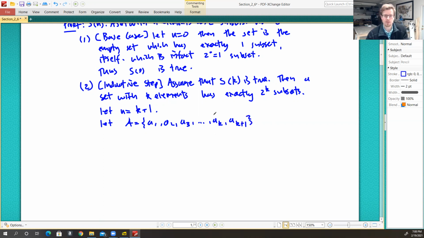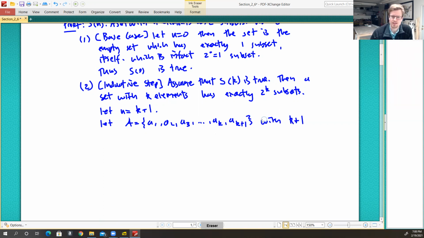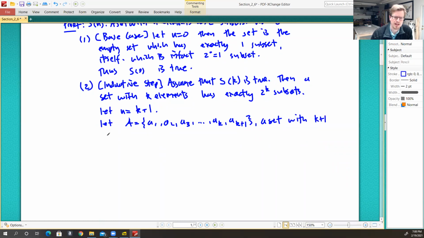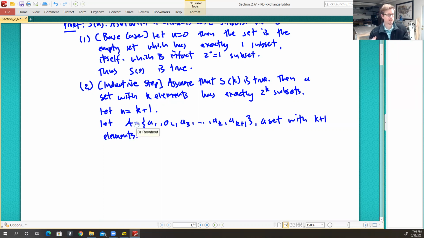So let A be a set with k plus 1 elements. I should phrase it that way. That'd be good. A set with k plus 1 elements. Okay, easy enough, straightforward.